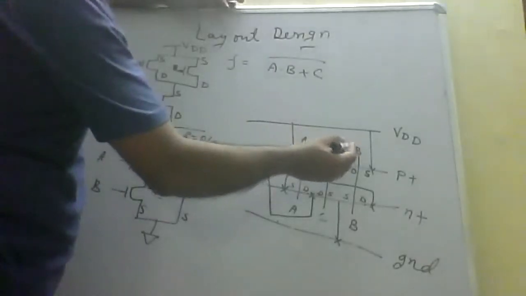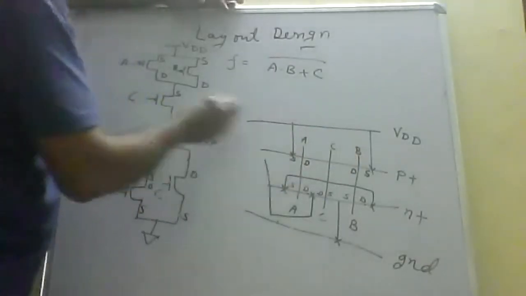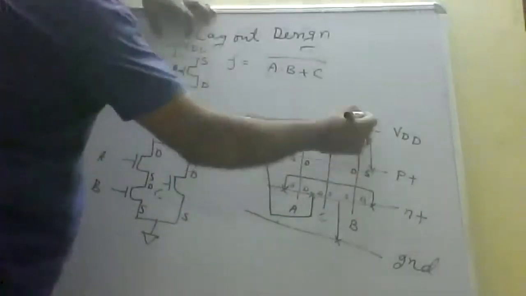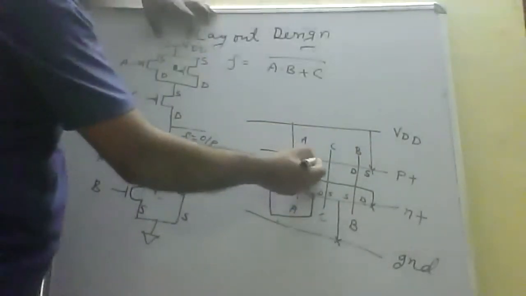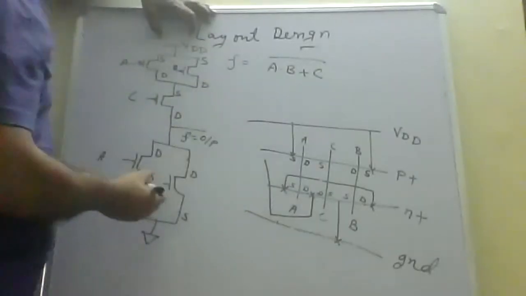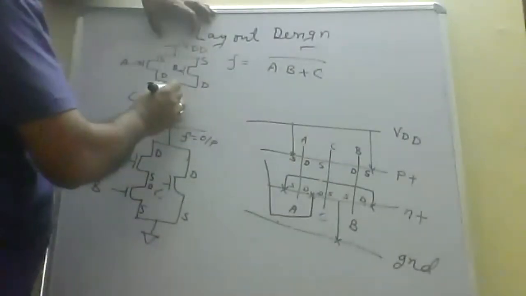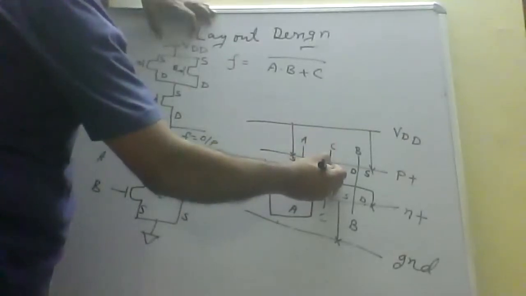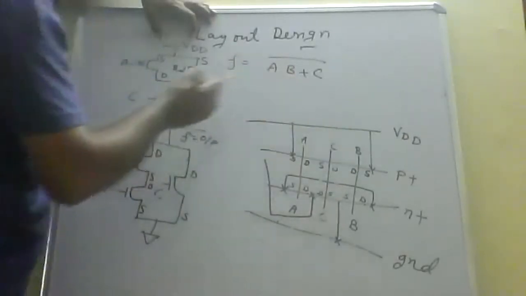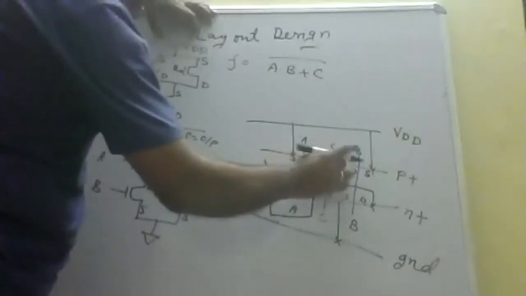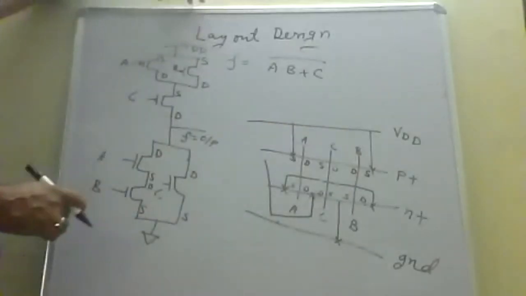This is C, this is B. So if the source is connected, this source is connected to VDD, right? And this drain is connected to the source of this. But if the source of C is this, this will be the drain, and the drain of C is not connected with B. This is not connected here.